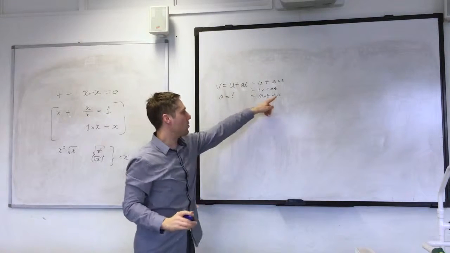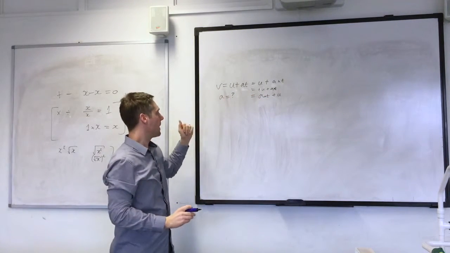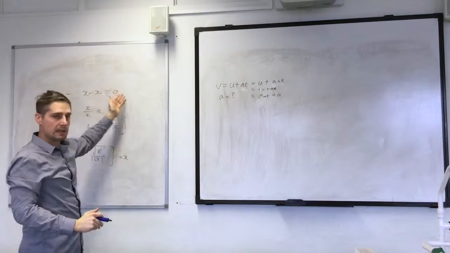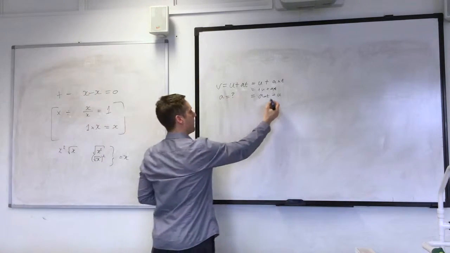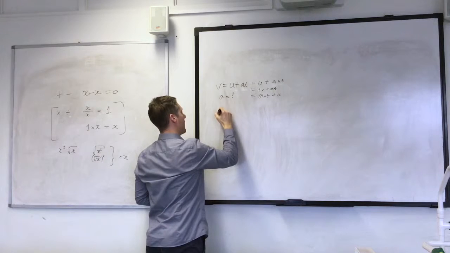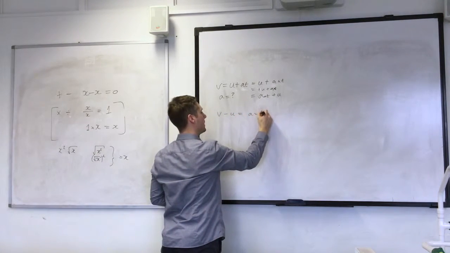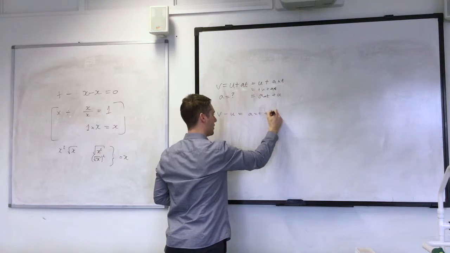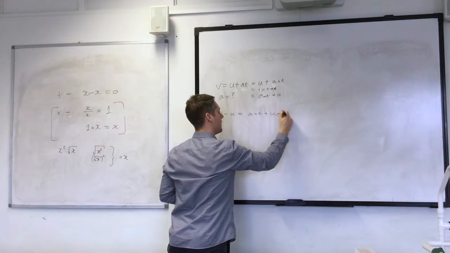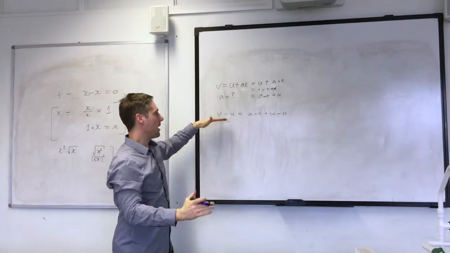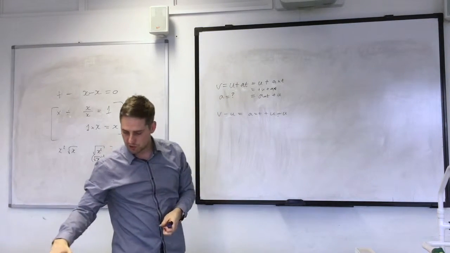Now I want to get the u to the other side of the equation. So I look over here and x minus x equals 0. So if I write this as v minus u equals a times t plus u minus u, I'm writing this straight away because I'm doing the same thing to both sides of the equation.